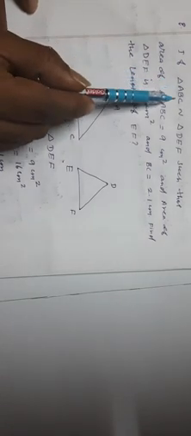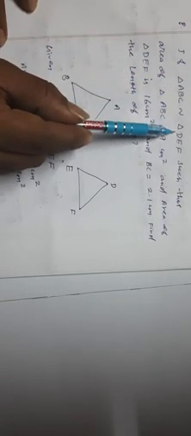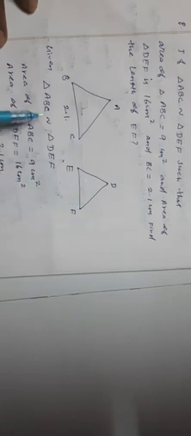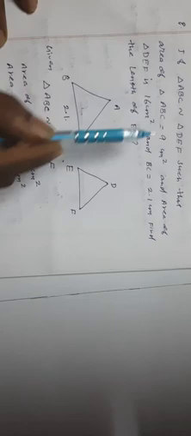In question number 8, they gave triangle ABC is similar to triangle DEF. The area of triangle ABC is equal to 9 centimeters square, and the area of triangle DEF is equal to 16 centimeters square.